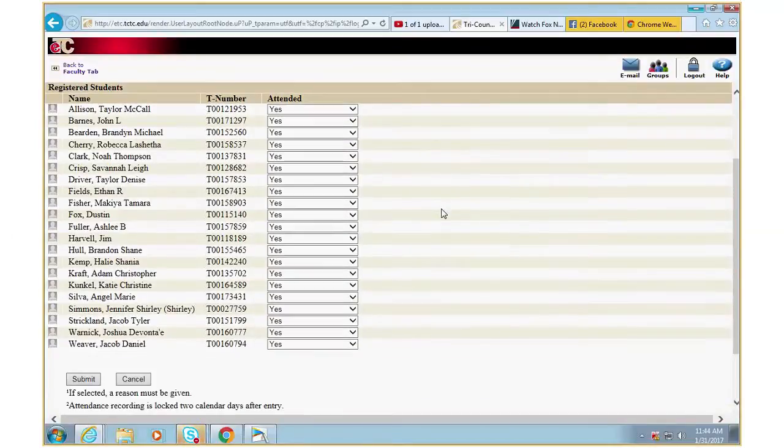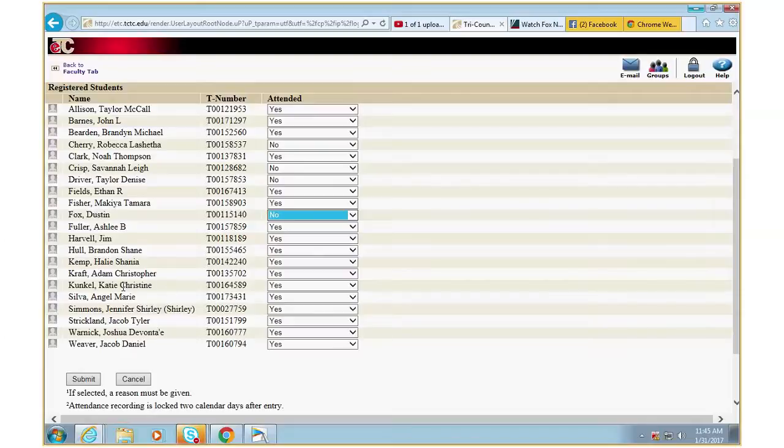Okay, Mr. Allison is here. Barnes, Bearden is here. Cherry, Clark, Chris. Did I hear Clark say? Yeah. Okay, all I heard was no. Driver, Fields, Fisher, Fox. Let's see Fox today. Fuller, Arvell is here. Hull, Kemp, Kraft.